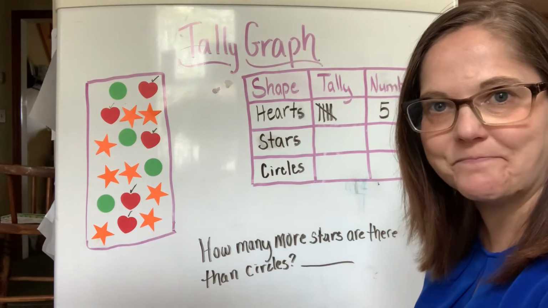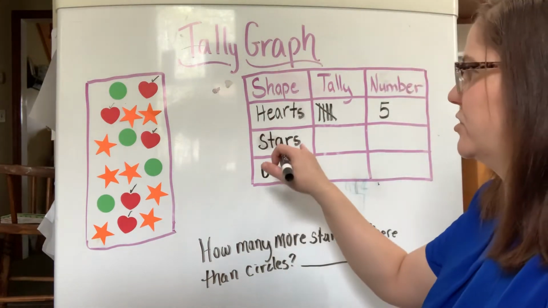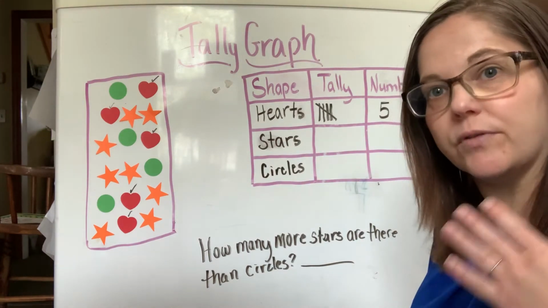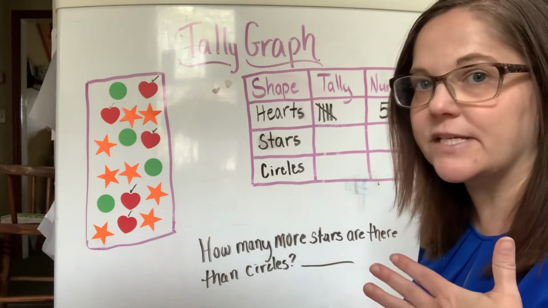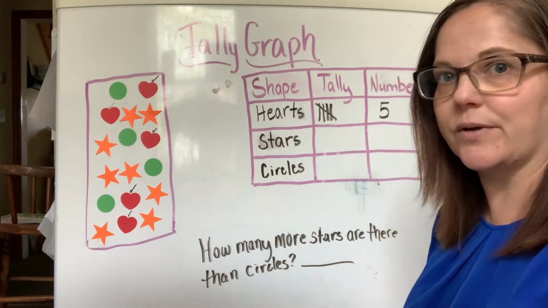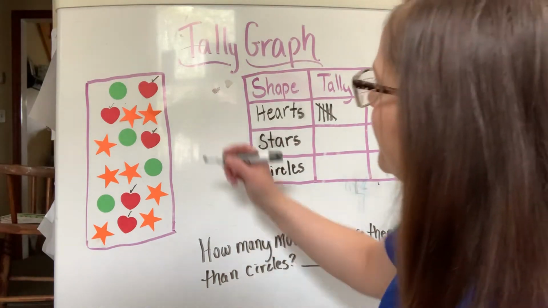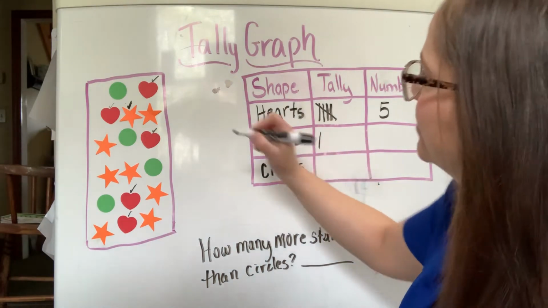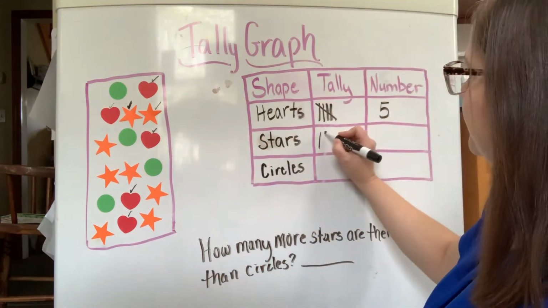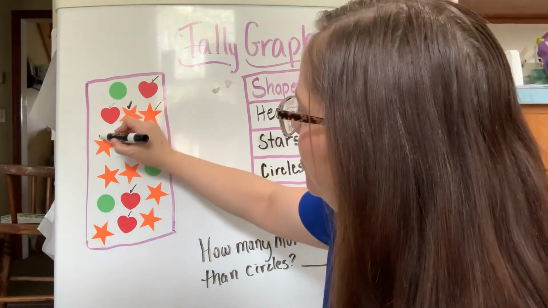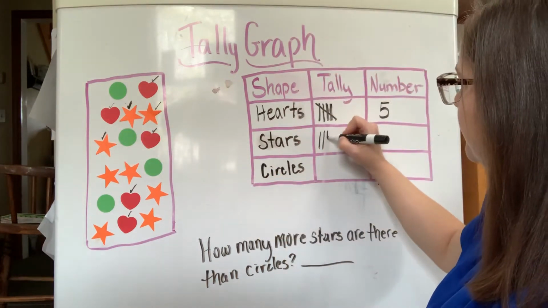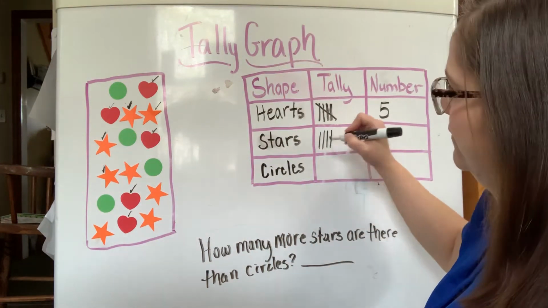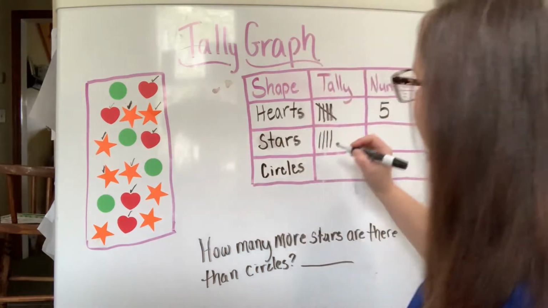How was that? Are you ready to count stars? Looks like there's a lot of stars. So I'm going to go slowly through this because my job as a mathematician is to be accurate. So here we go. Let's do some careful counting. So I have 1 tally. 2, 3, 4, 5.